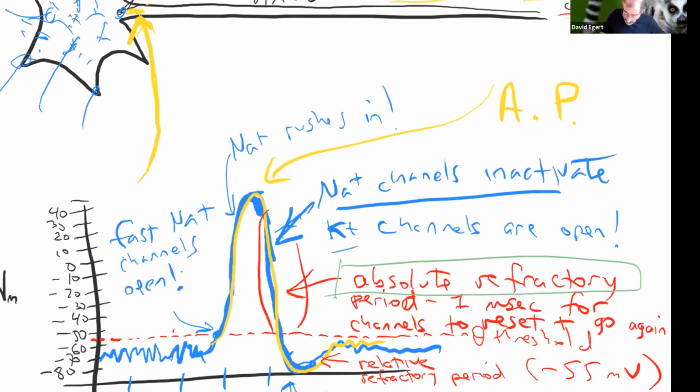If you're in the relative refractory period, the cell can fire off an action potential, but because it's more negative than normal, it takes more stimulation than normal to get it above the threshold. So in the relative refractory period, it's possible to fire off an action potential, but it takes more stimulation than it would otherwise. Are there any questions about this basic picture here?